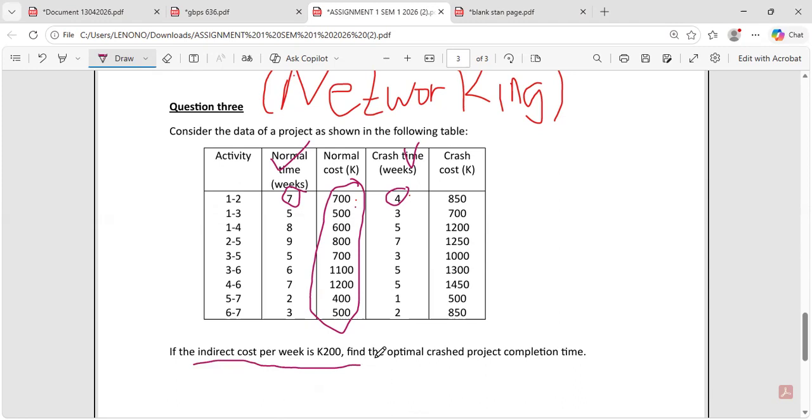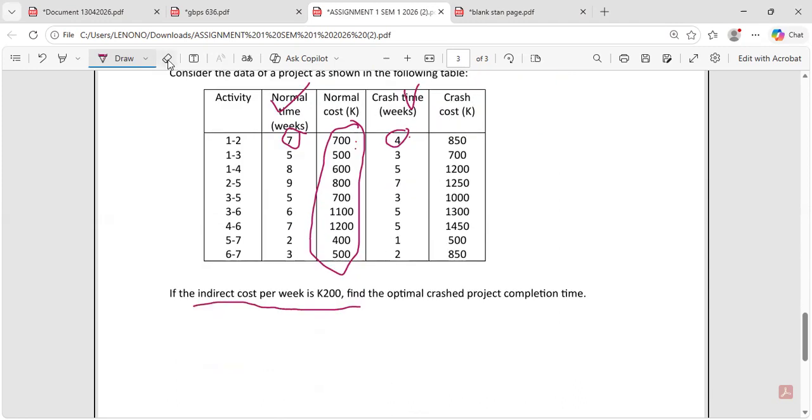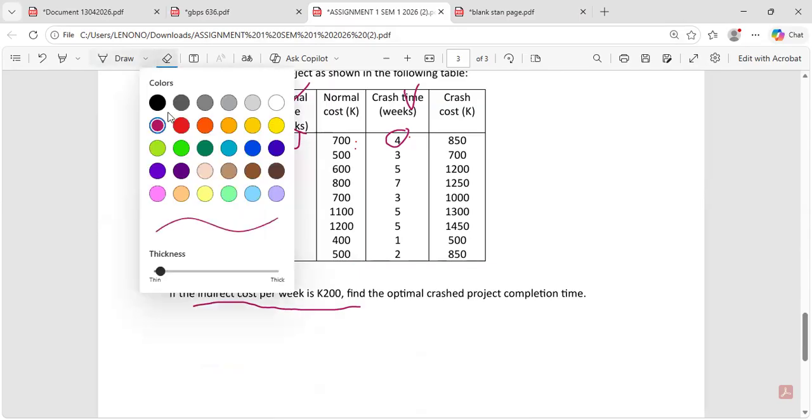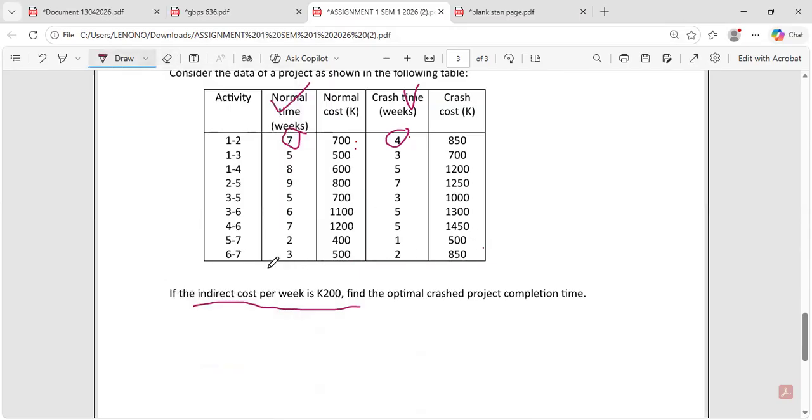So it's the total cost here, it is actually a TC. So the total cost of this one is actually 65.